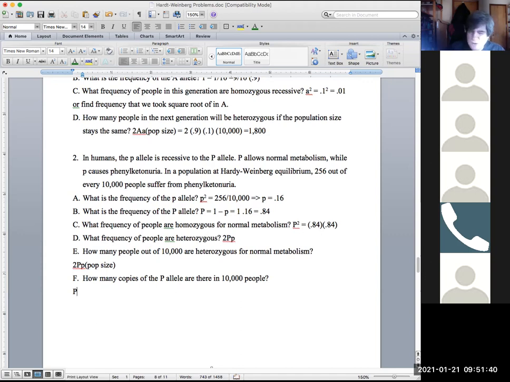So it's going to be the frequency of big P times the population size. And then remember what we said earlier, everybody has 2 alleles, so we're going to multiply by 2. So 0.84 times what's our population? 10,000. Times 2.